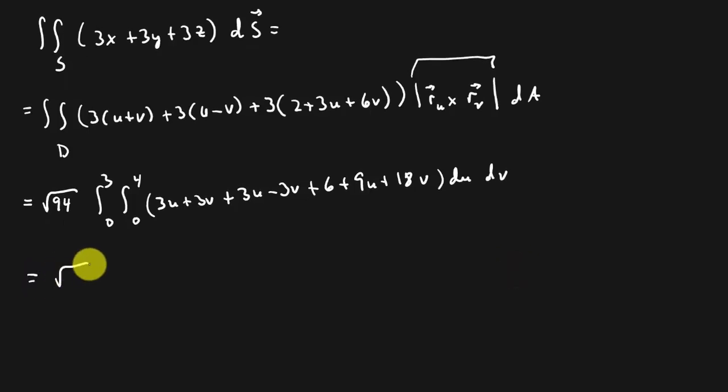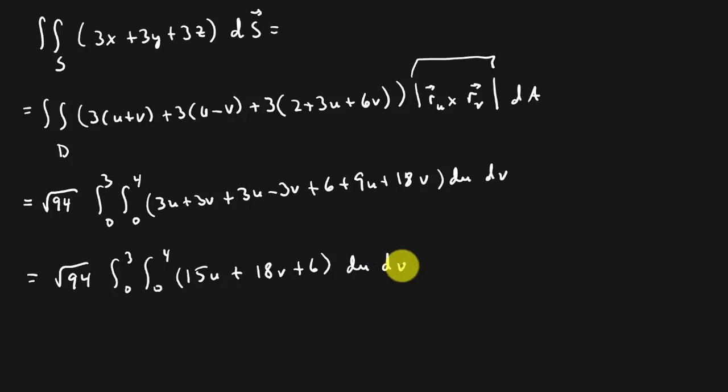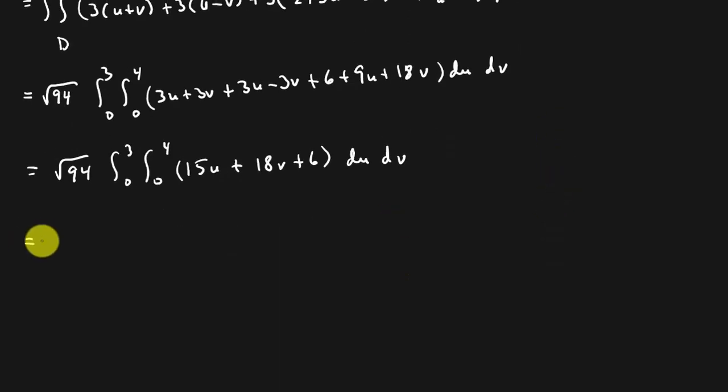So that's going to be the square root of 94 times the integral from 0 to 3, 0 to 4. Combine like terms. I don't think I made any careless mistakes. That's going to be 15u plus 18v plus 6, du dv. And so we get square root of 94, 0 to 3.